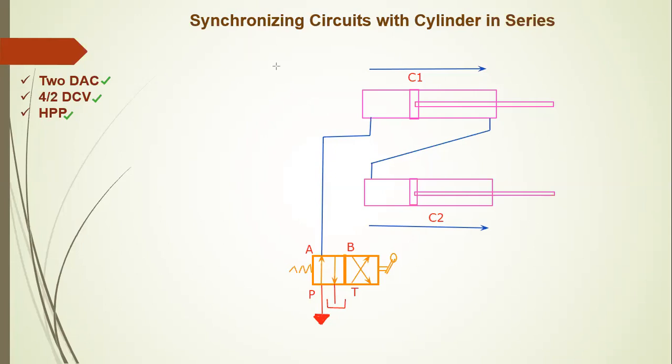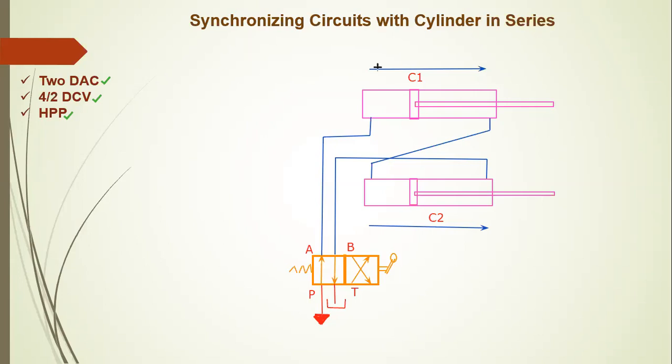Then the excess oil from the second cylinder is returned to the direction control valve and from the direction control valve to the hydraulic tank. That is the series connection for the synchronizing circuit with cylinders connected in series.